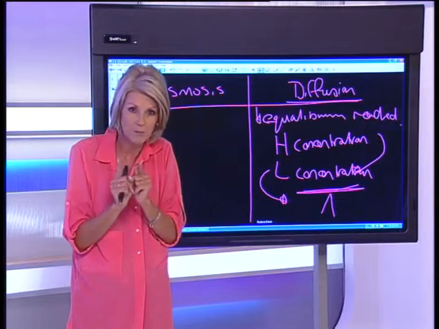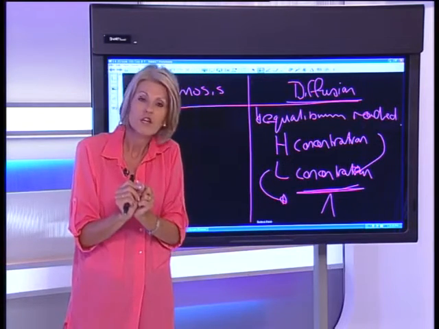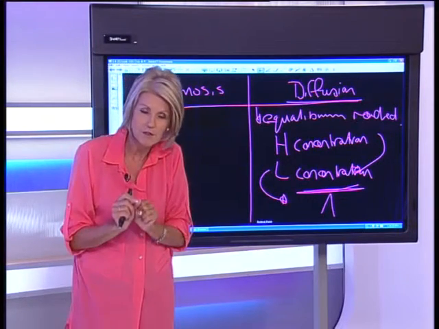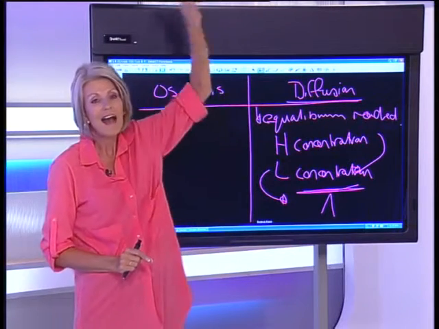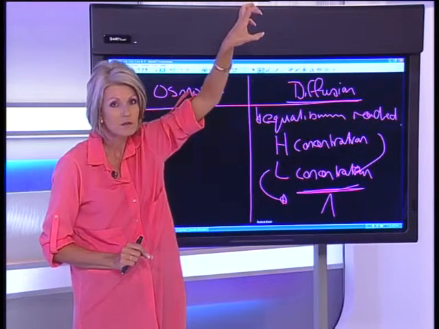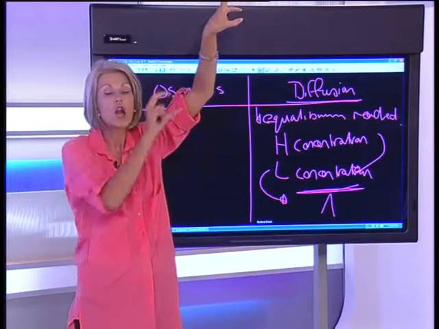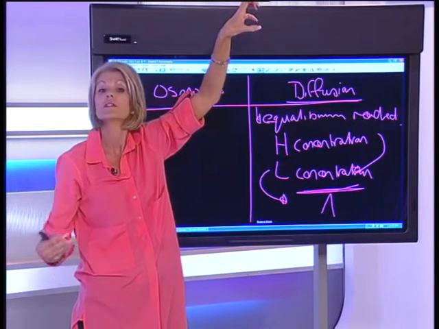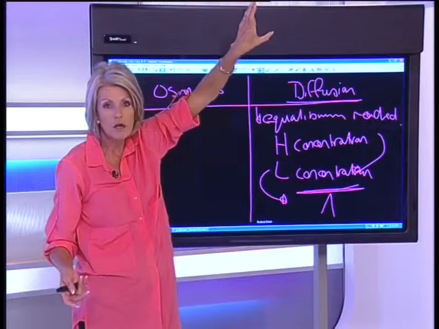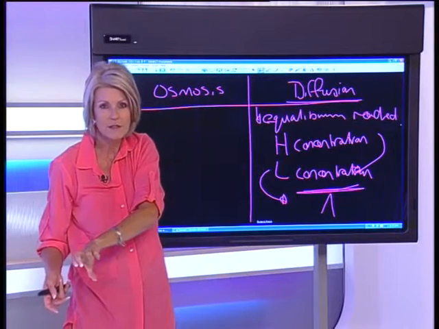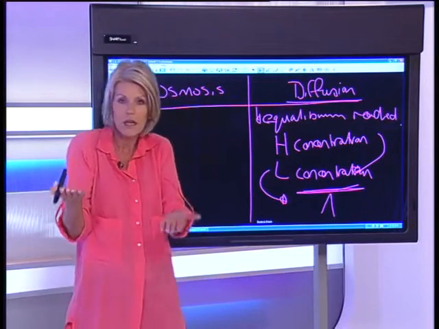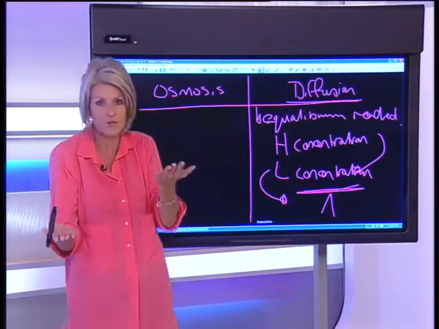I'm going to say that again. Diffusion is when the particles of a substance move from a higher concentration, so where there's more, to a lower concentration, where there is less, along the concentration gradient until an equilibrium is reached.